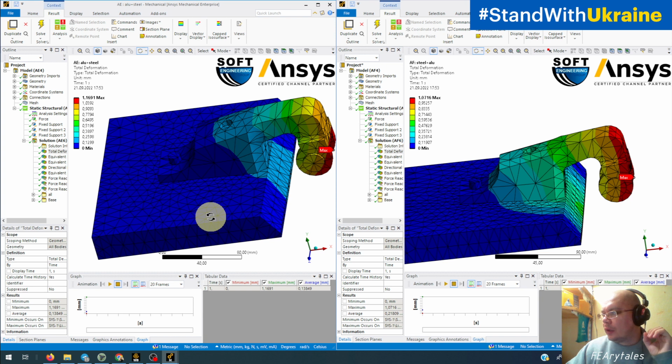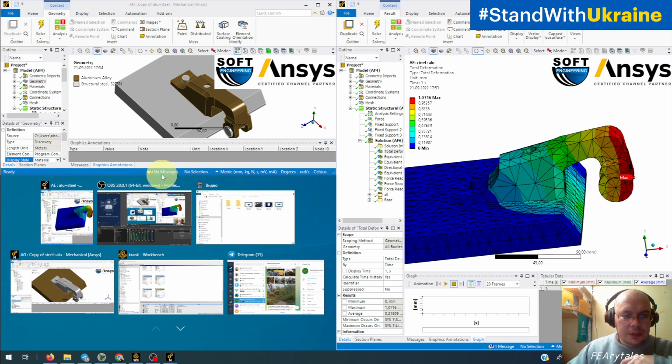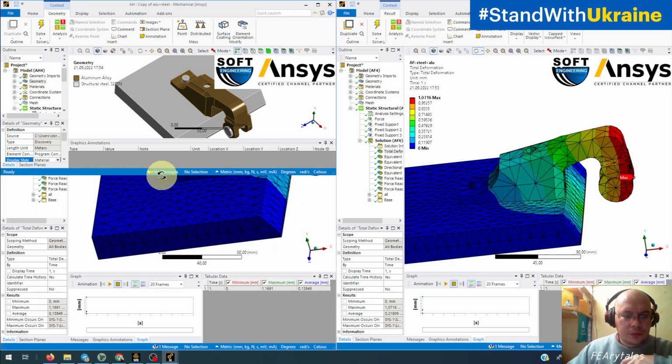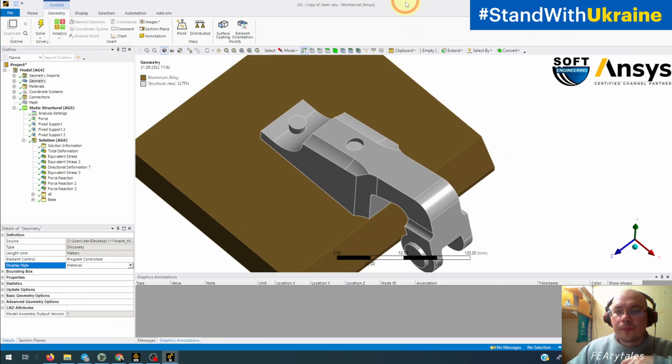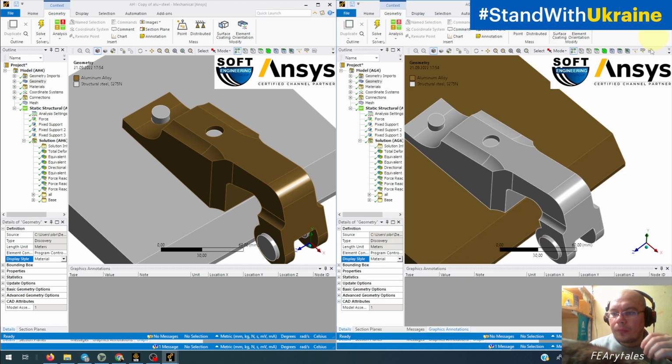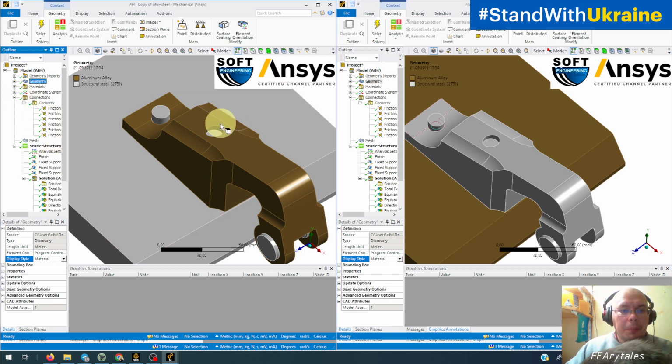If we apply non-linearities, for example to materials or contacts, and this calculation is created for non-linear frictional contacts, materials are linear, contacts non-linear.